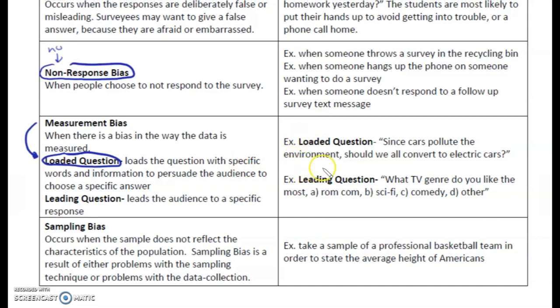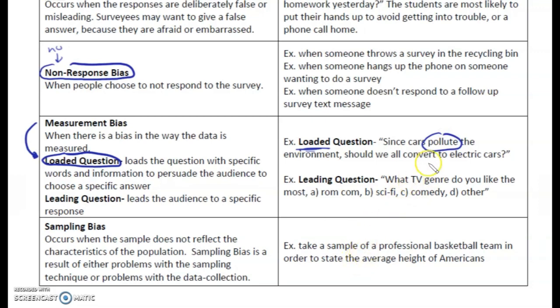So an example of this is, since cars pollute the environment, right? This is completely loaded, loaded with words. Pollute the environment. Should we all convert to electric cars?